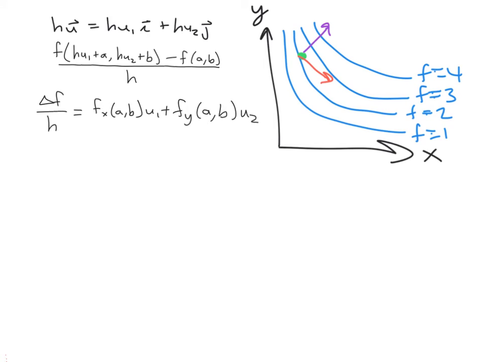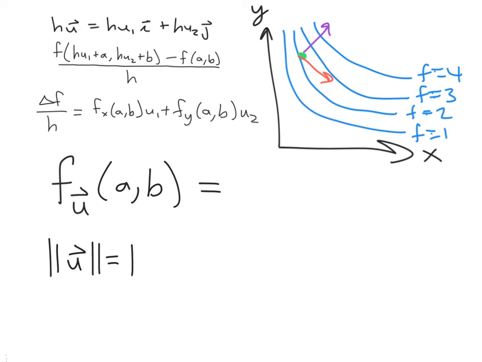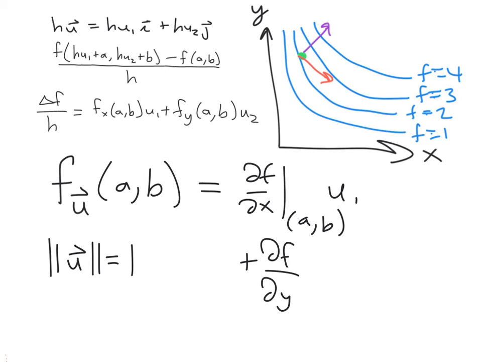To denote the derivative in this arbitrary direction, we use the notation f sub u, where u is the direction of interest and the magnitude of u is equal to 1, at the point a, b, and this is equal to the partial of f with respect to x at a, b times the i component plus the partial of f with respect to y at a, b times the j component of the vector.